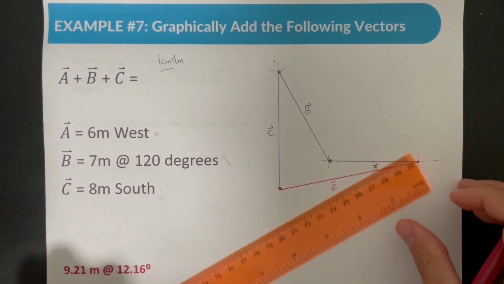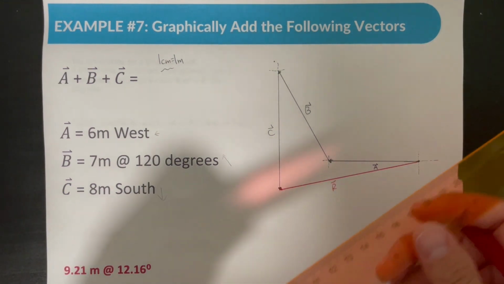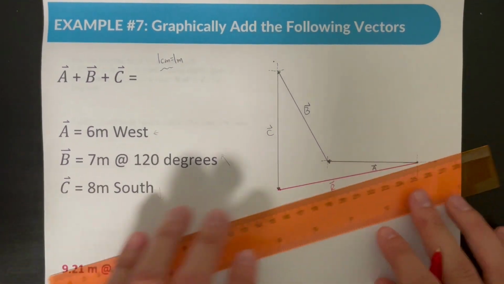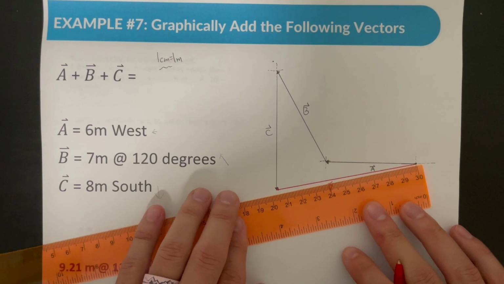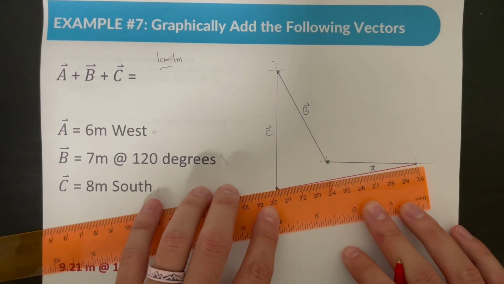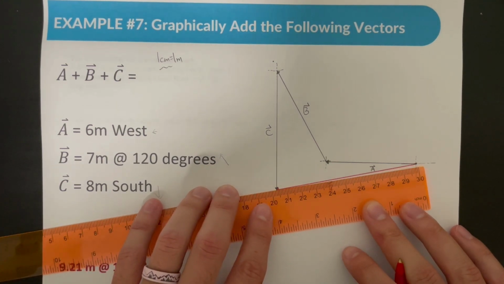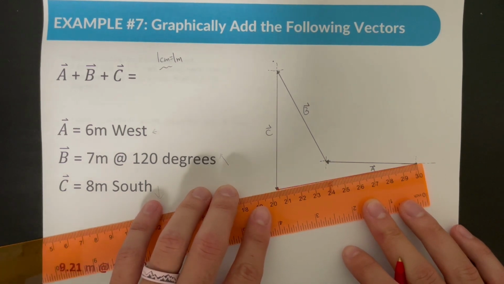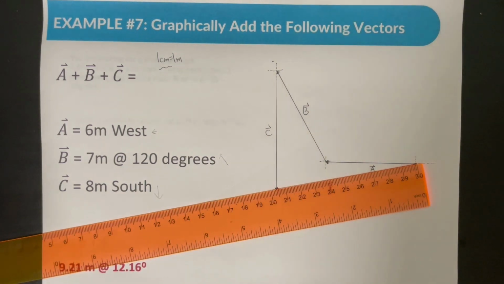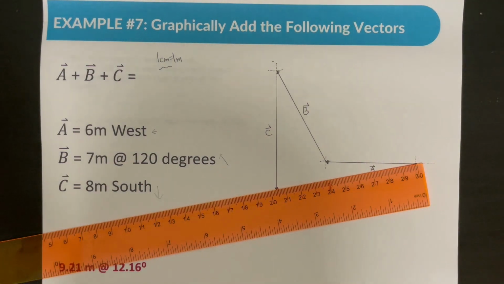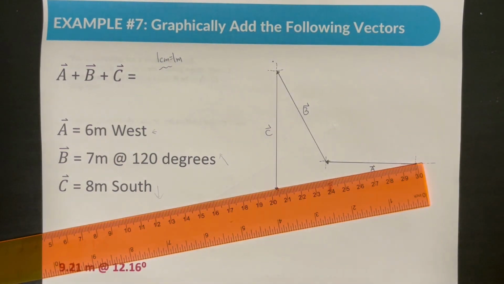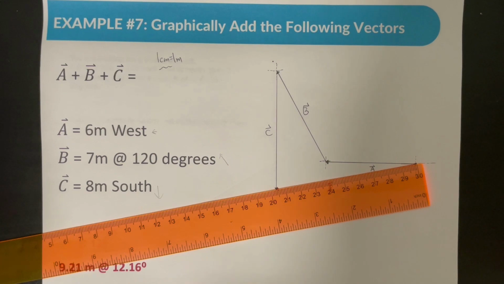Let me see if I can find what it is. It's going directly on it, so I'm just going to go from the 30 to what I'm going to call 20.3. 30 minus 20.3. What is that?